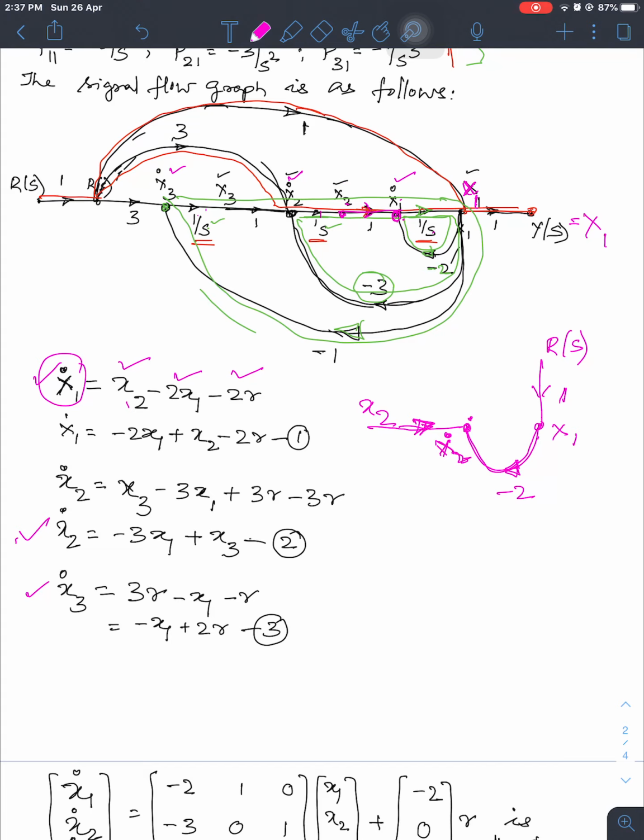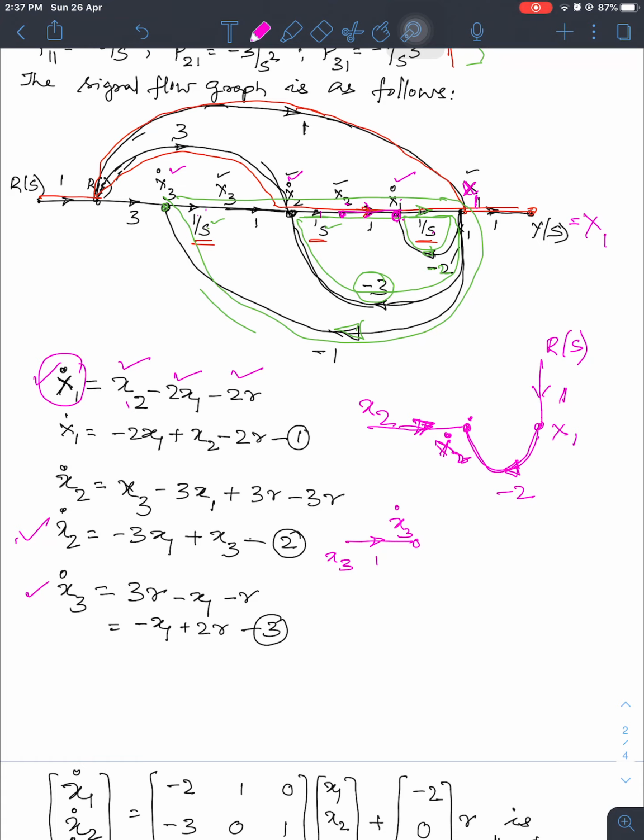Now we go on to the node x2 dot. So x2 dot again has got three signals. That is x3. x2 dot has got signals like x3, so should we write that also? We'll try to see. This is x3. We have a unity path here, and this is x3 dot.